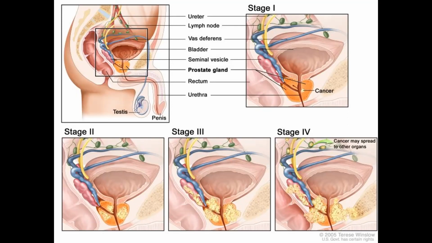Stage 3 means that the cancer has spread to tissues immediately adjacent to the organ. In this case, stage 3, it's spread to the seminal vesicles. And in stage 4, we see it has spread to the seminal vesicles and has spread to the bone.